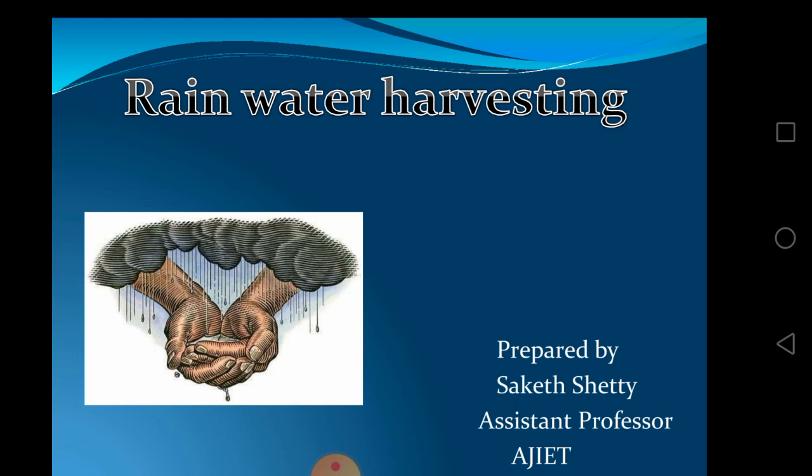Now we have seen the necessity and purposes of rainwater harvesting. Now, various methodologies are adopted for rainwater harvesting. Some of the important methods we can discuss in the next slides.